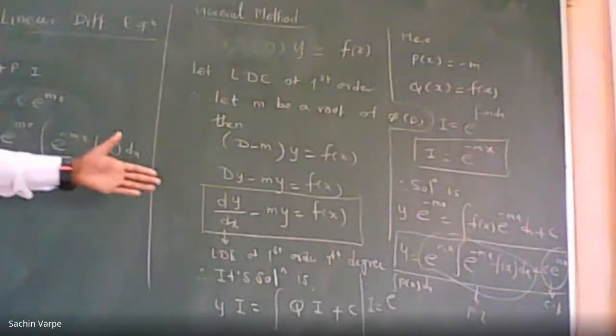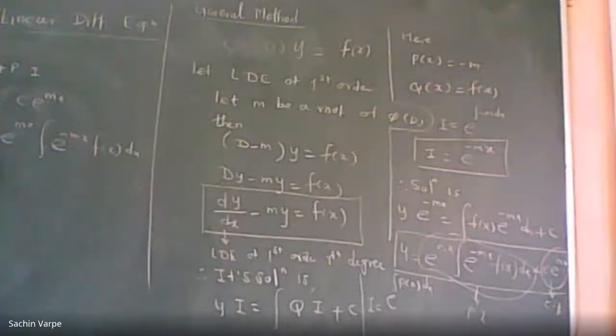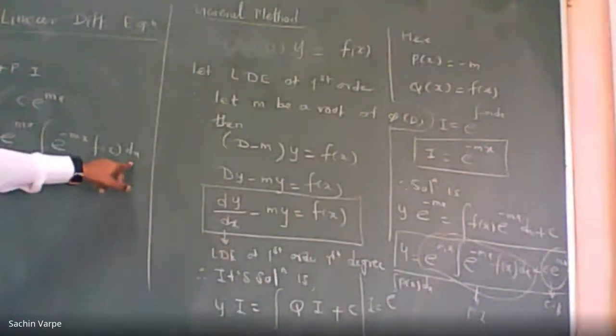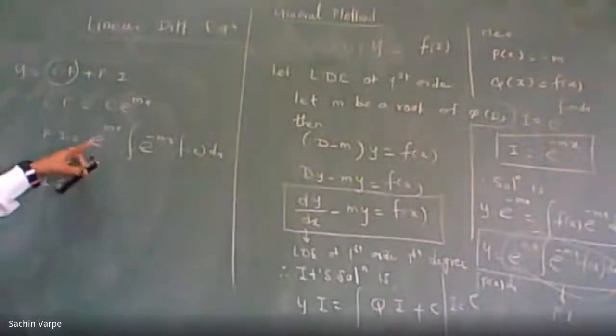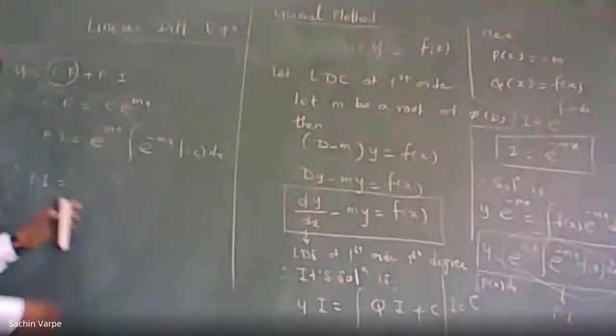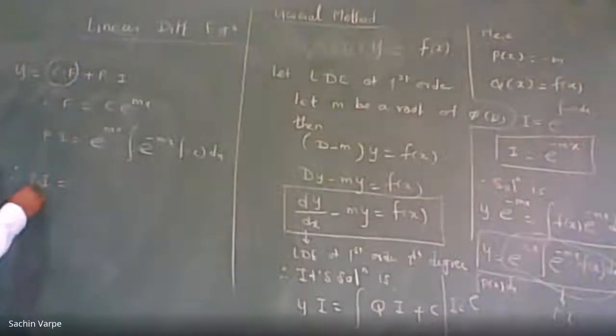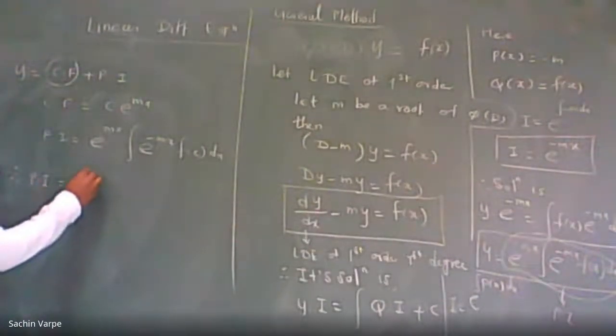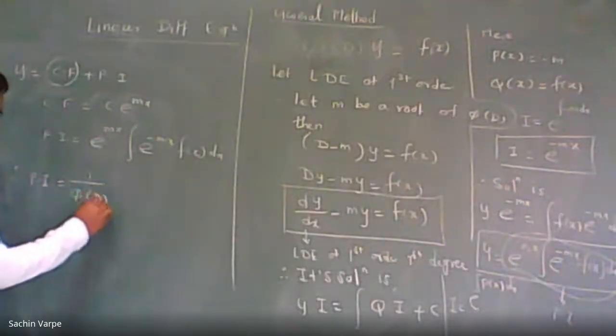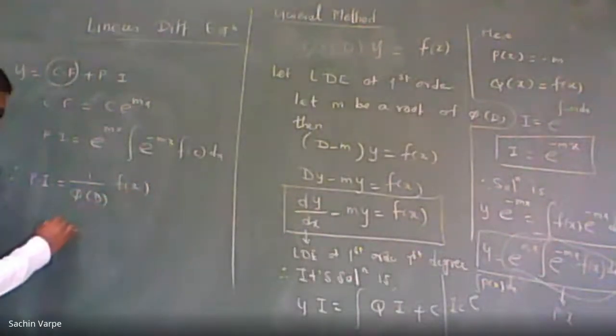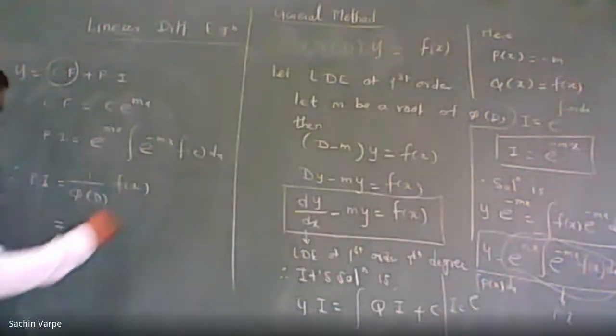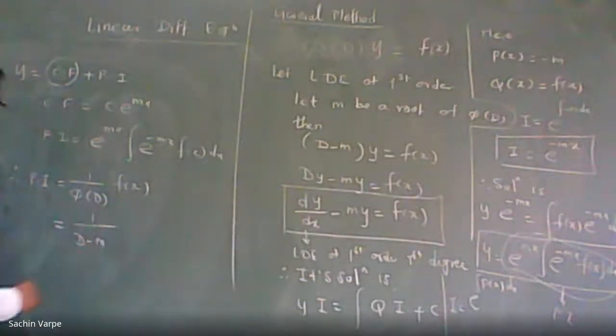So y is equal to CF plus PI. CF is C e raised to mx and PI is e raised to mx integration of e raised to minus mx f of x dx. Is it okay, the doubt? Yes, sir. And that is the first formula by general method to find the particular integral. So let me write the formula. Particular integral is 1 upon phi of D into f of x, but that phi of D in this case is D minus m.